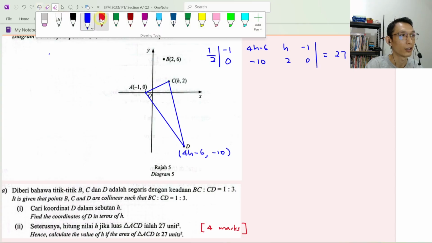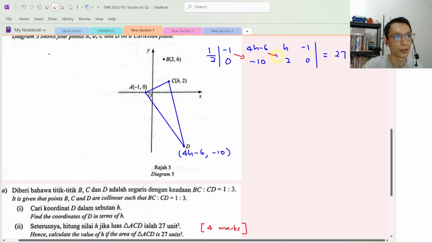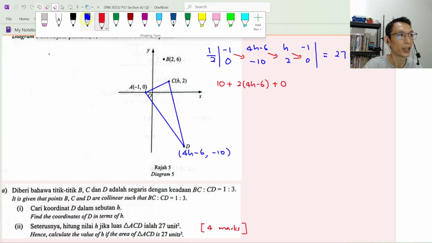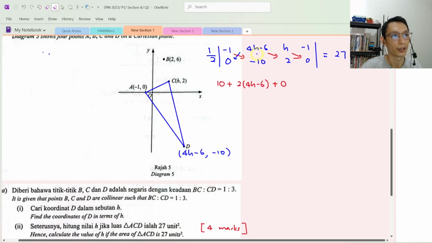And then look at this part. -1 times -10, which is equal to 10. And then plus (4h plus 6) times 2. Plus 0 times h, we will get 0. Then we go to the other way, this way. Now this is all minus.